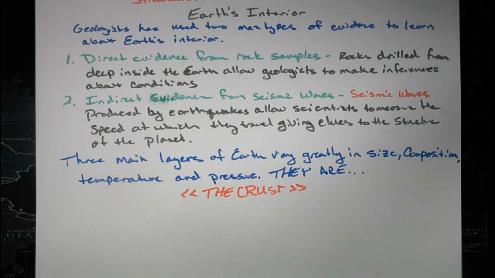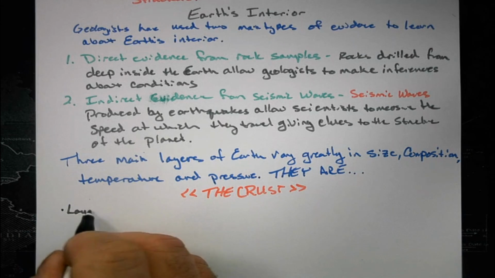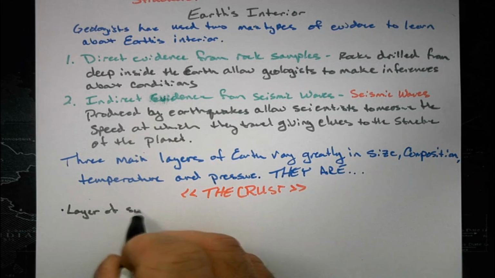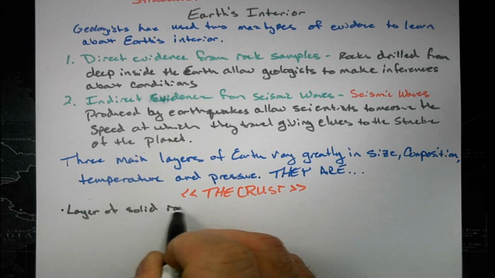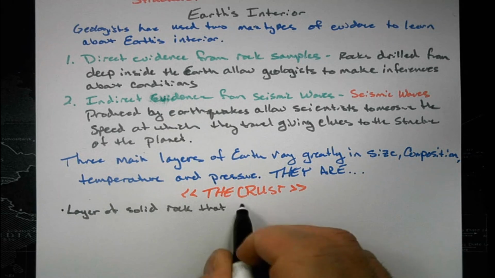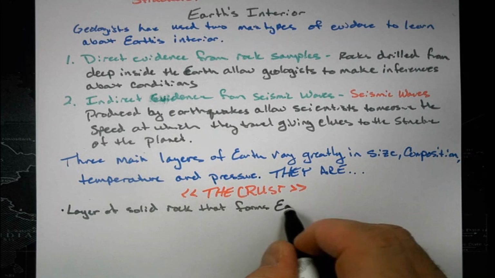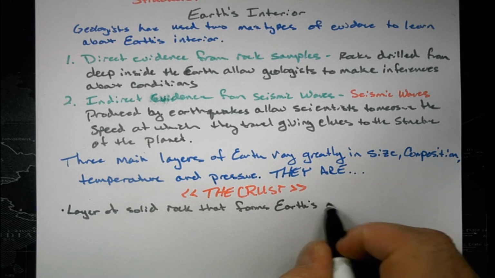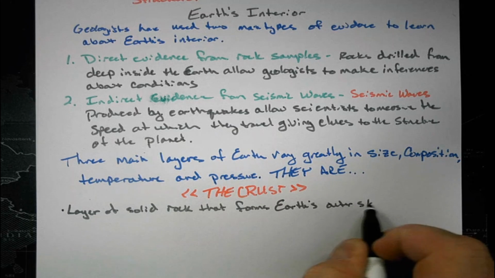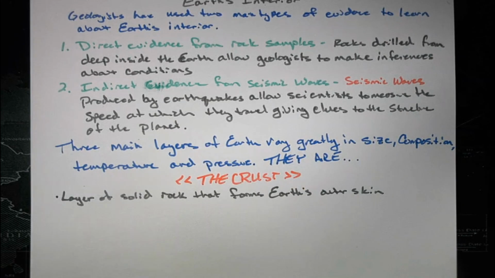The first layer we're going to talk about is the crust, which is the layer of solid rock that forms Earth's outer skin.